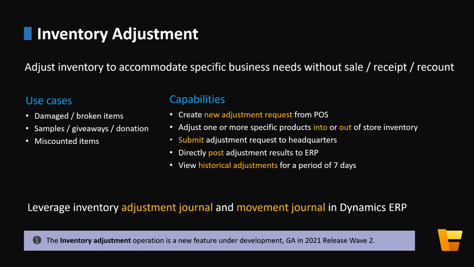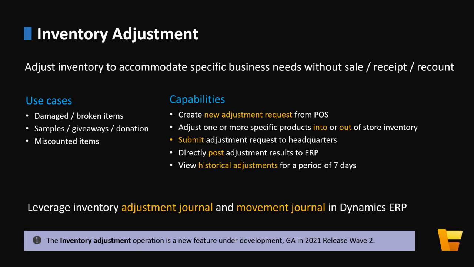And same as the inbound and outbound operations, in this adjustment operation, we also give you a view to see the historical adjustments in the past 7 days. Behind the scenes, this operation is leveraging the inventory adjustment journal and the movement journal in Dynamics ERP to process the on-hand inventory adjustment.